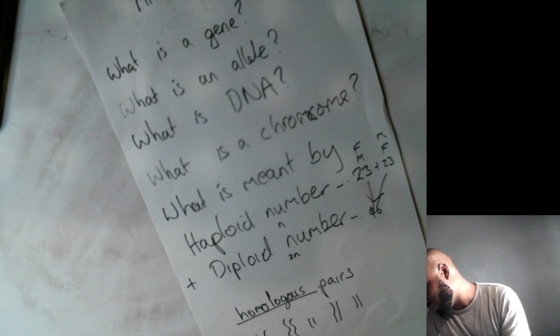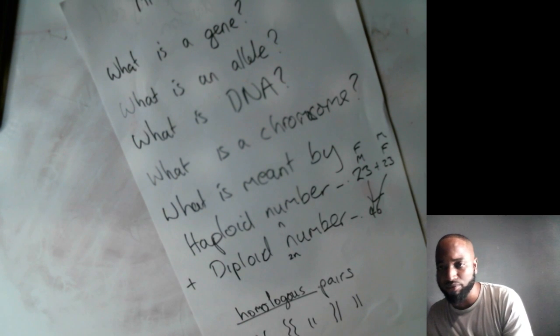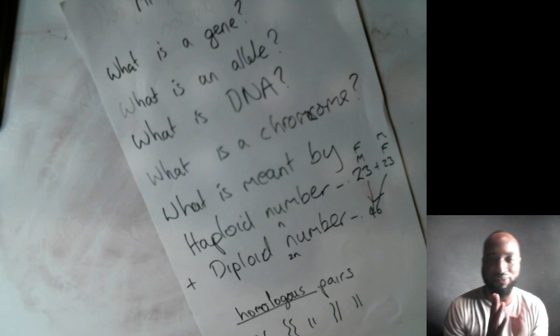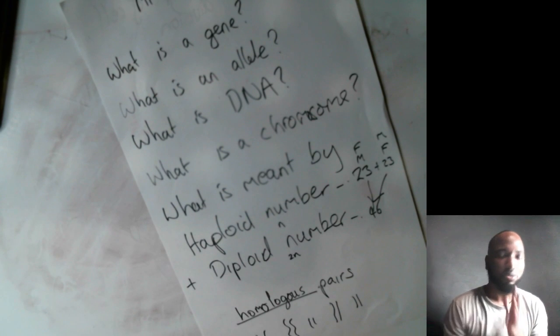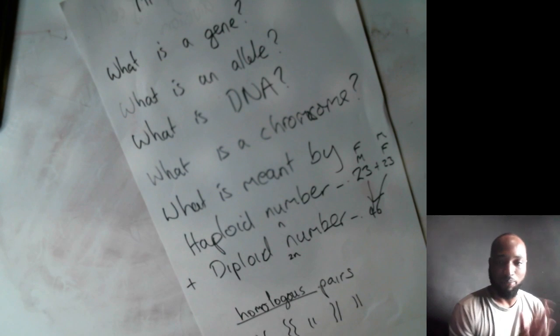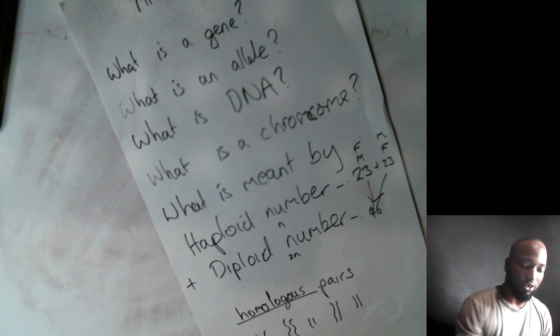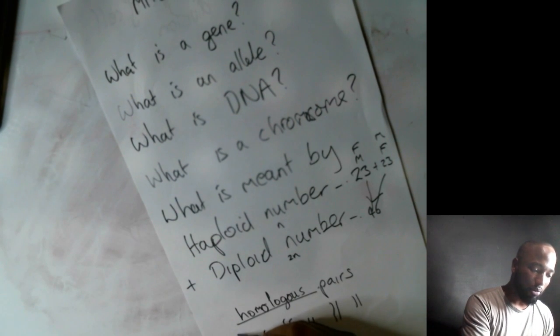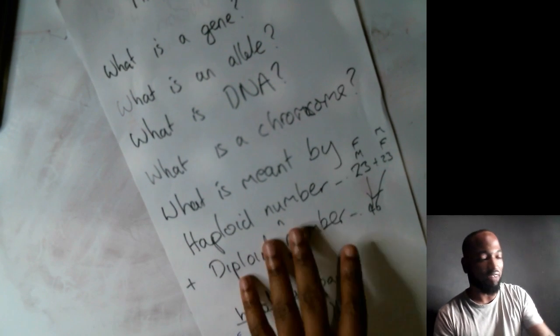So excluding those, because the XY cells are a little different. But the other 22 pairs occur in pairs, with one coming from the male and one coming from the female. Okay, that's enough old talk on that. So let's continue with mitosis.